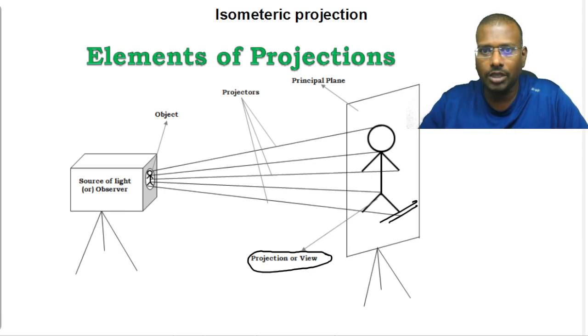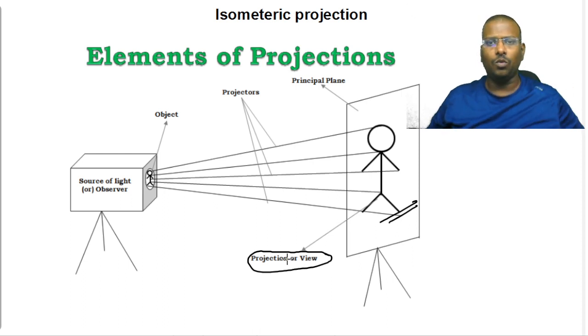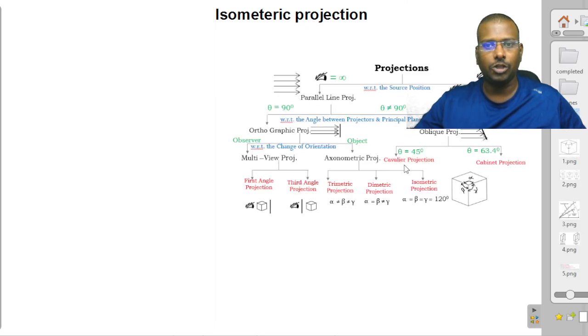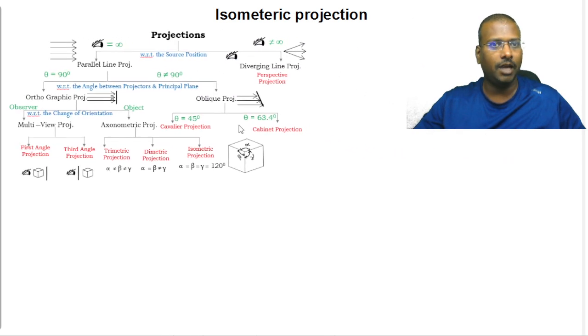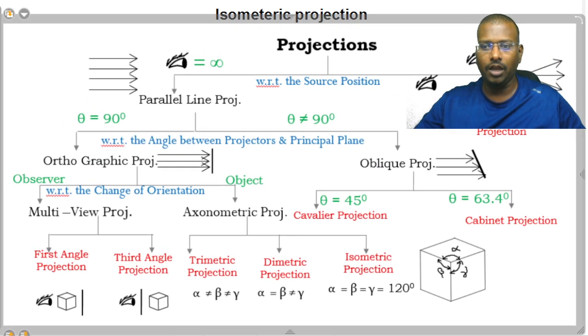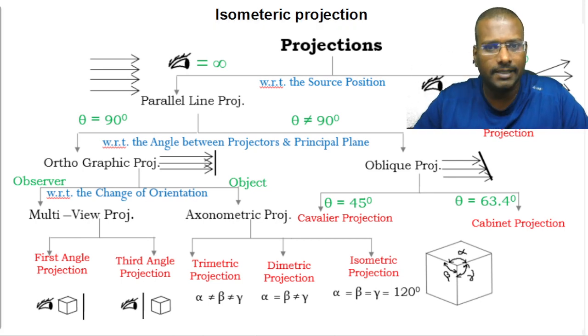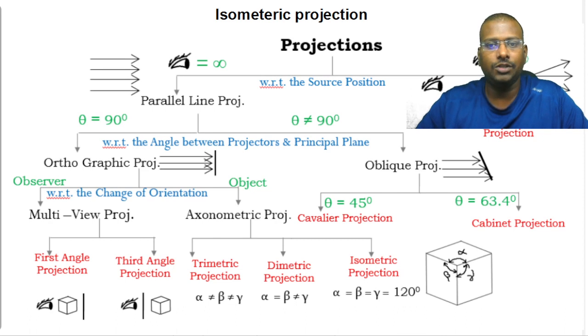So here projection is nothing but the shadow or view obtained of an object when the rays fall over it. Those rays are called projectors. Now, I hope you are already aware of the classification which was given in my previous videos. Here, if you observe where the isometric view comes in, the remaining are not necessary. So we will concentrate on isometric projection.